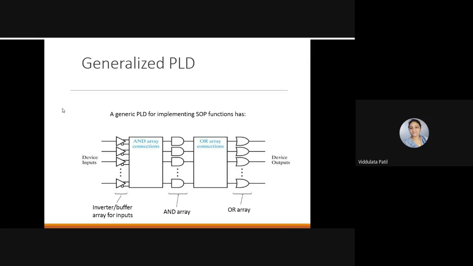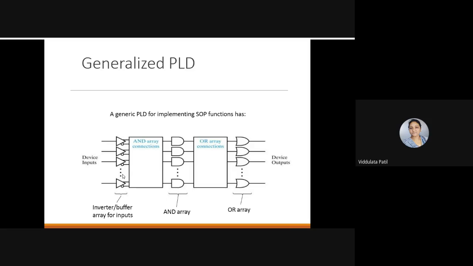This is the array for inputs. If it is an inverter, suppose A is the input at this point, then it will be A bar input to the AND array. And if it is connected through a buffer, then it will be A only.